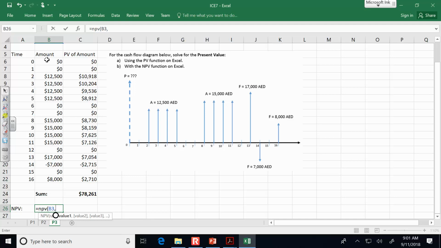That's how Excel's been programmed. And so I'll click only that range of values that's in the future, and then I close the parentheses, and I externally add the amount that's already in the present, outside of the formula. So the total present value is going to be the amount that's already in year 0, plus all of these future amounts that have been converted into a present amount.